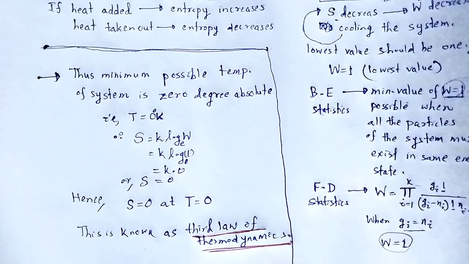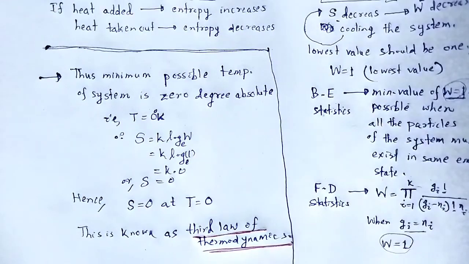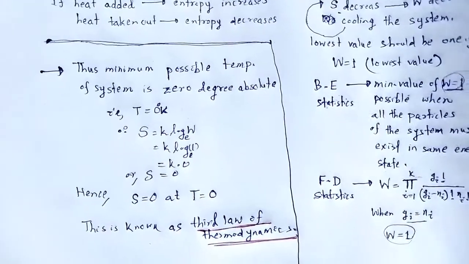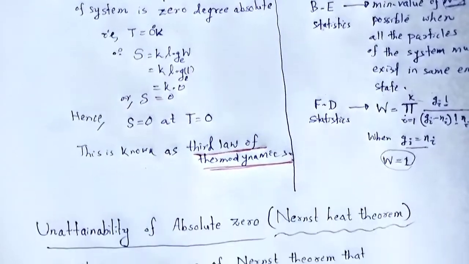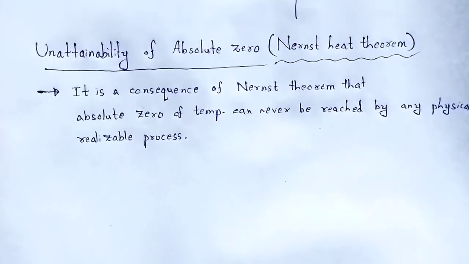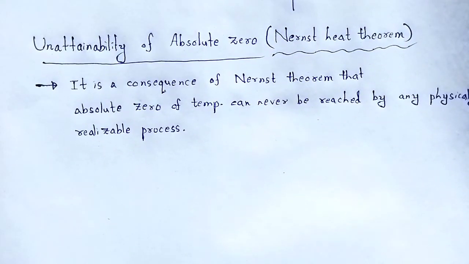Now, the consequence of the third law of thermodynamics is known as the unattainability of absolute zero. Basically, that is Nernst's heat theorem. According to that theorem, absolute zero of temperature can never be reached by any physically realizable process.